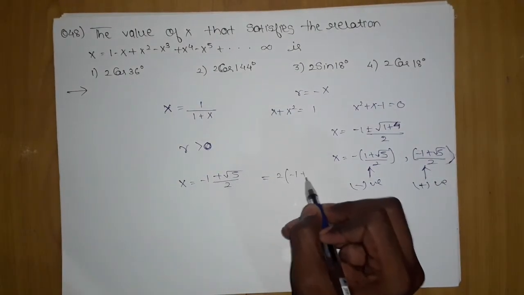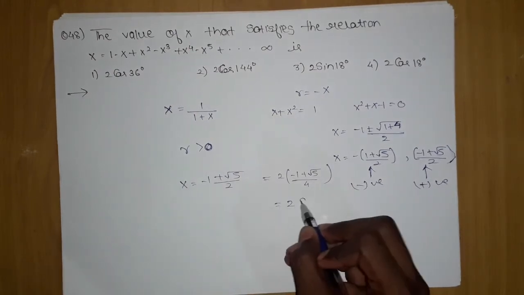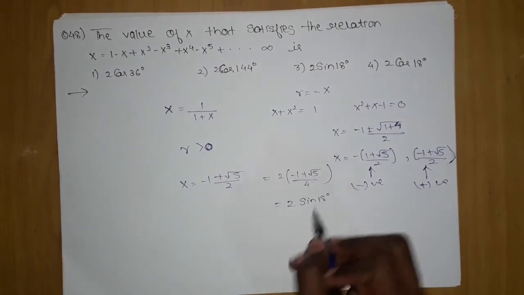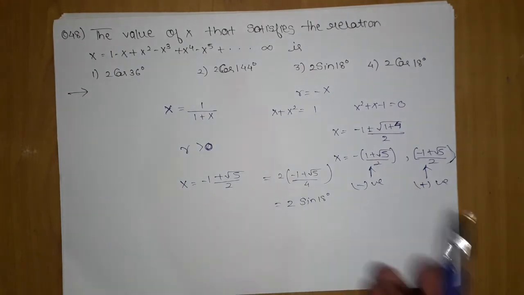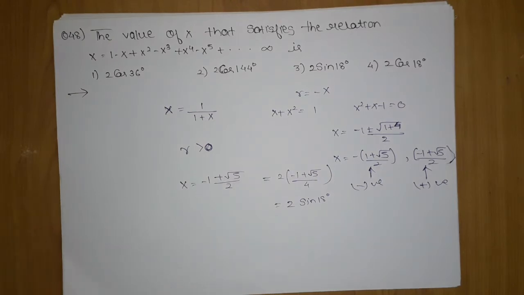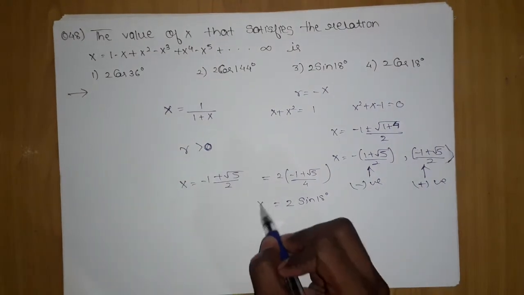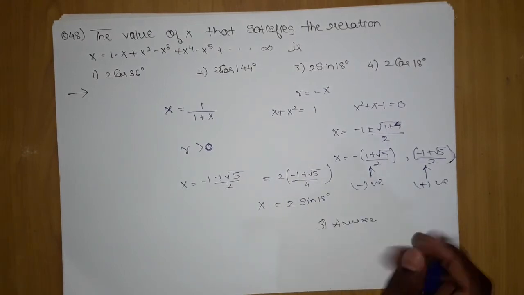That's why I was telling this should be 4. This is 2 times sine 18, that's why I was confused that minus 1 plus under root 5 by 4 is sine 18 degree, but it is minus 1 plus under root 5, so this is our answer, third is the answer. Now let's move on to the next question.